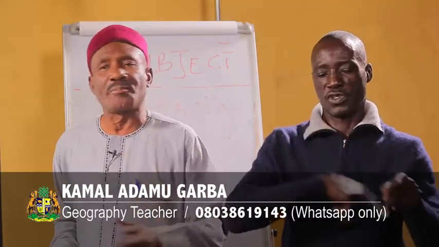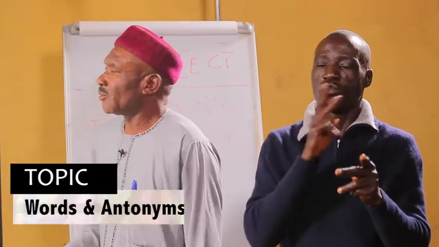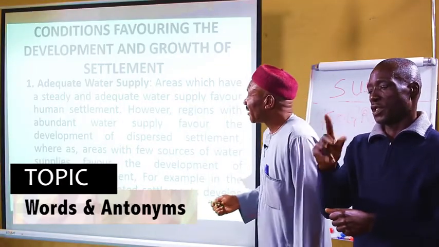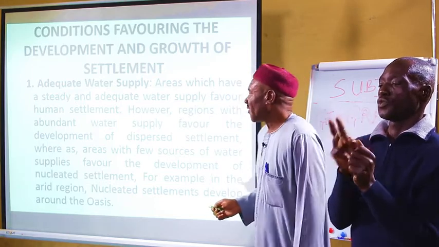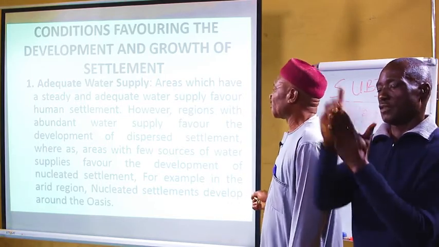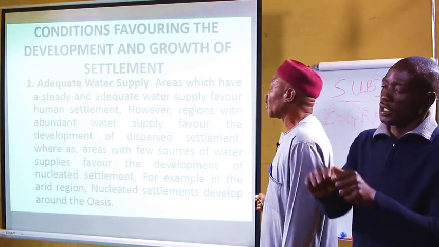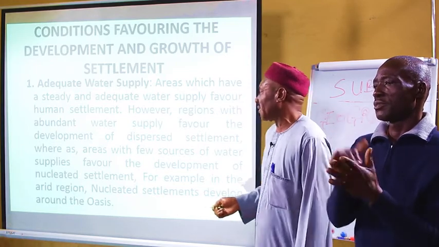People will always go to a place where there is adequate supply of water, so you find that people want to settle there. However, regions with abundant water supply favor the development of dispersed settlement, whereas areas with few sources of water supply favor the development of nucleated settlement.